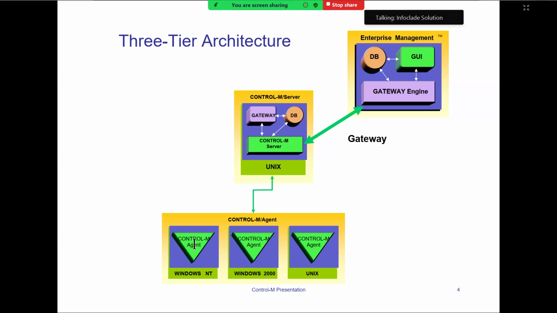For example, it acts as a client. I'm the person who is working on this Control-M client, I'm one of the agents. You are working with this Control-M, you are one of the agents. This agent is nothing but an individual software program which is stored in each individual machine, either a laptop or a desktop, whatever it may be.